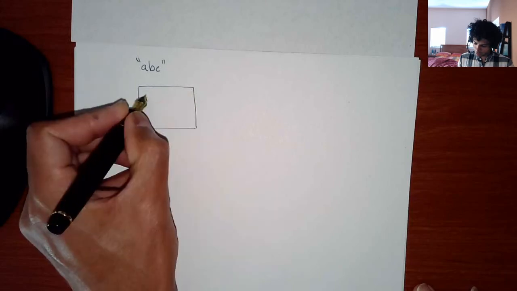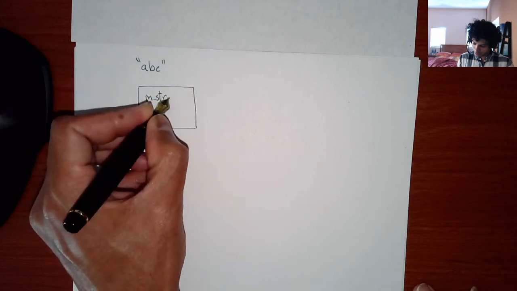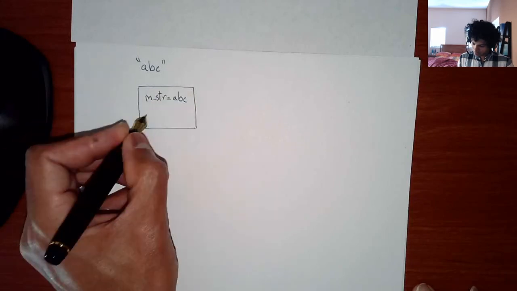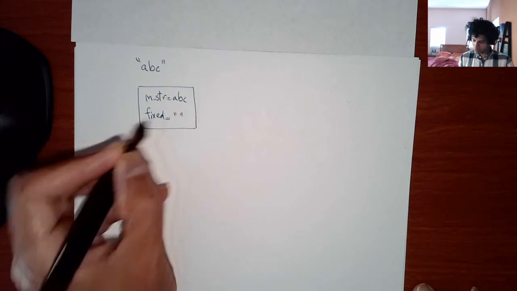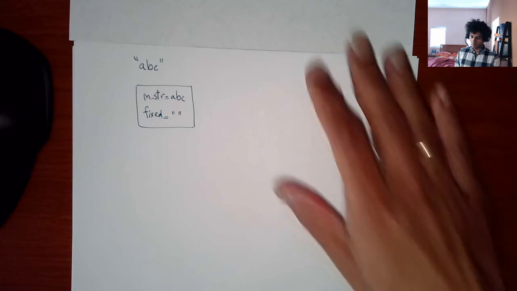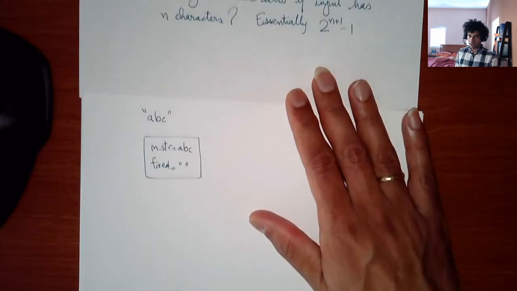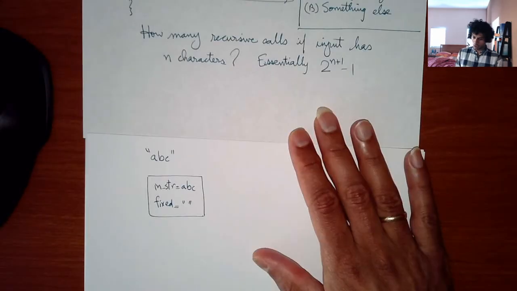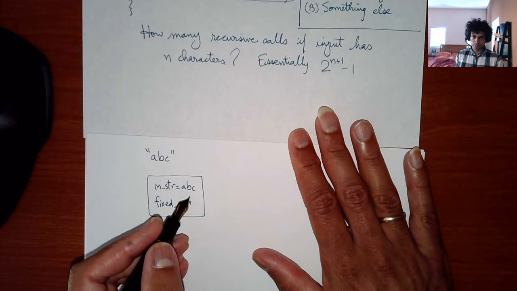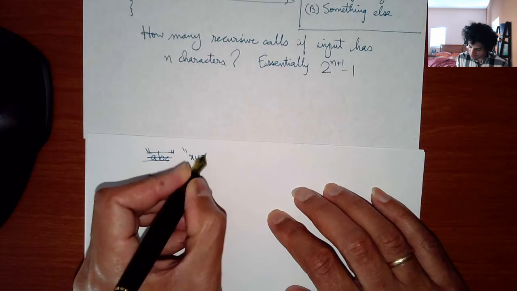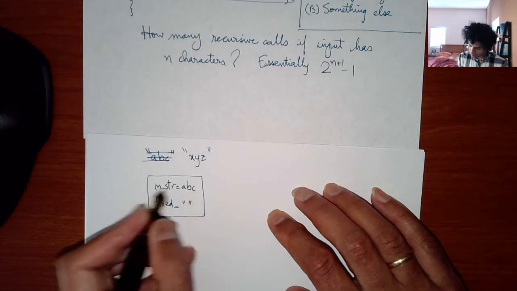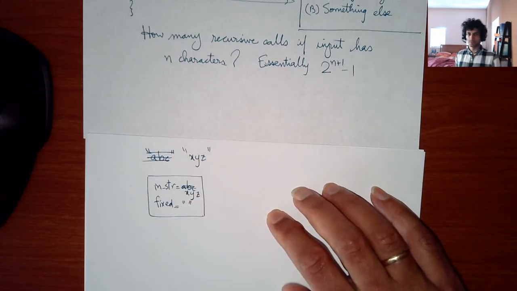I'll say the input string is ABC and fixed is just the empty string. Okay, so now what is going to happen in this call is, okay, this is unfortunate. Let me use XYZ instead, because I'm using C as a variable. Okay, so it's XYZ. Sorry about that.